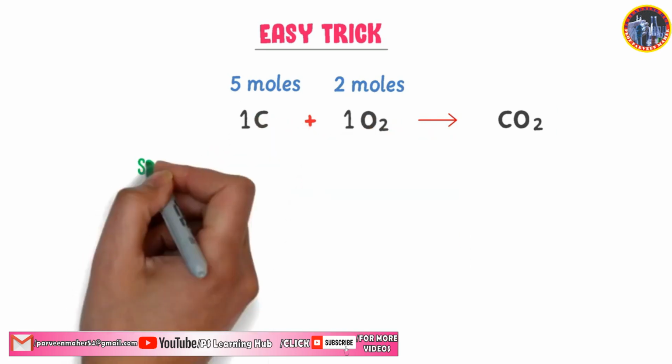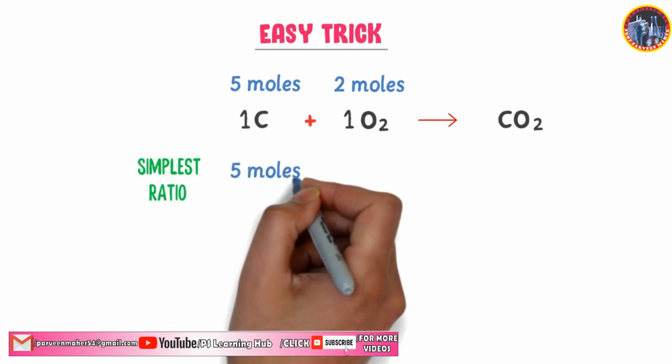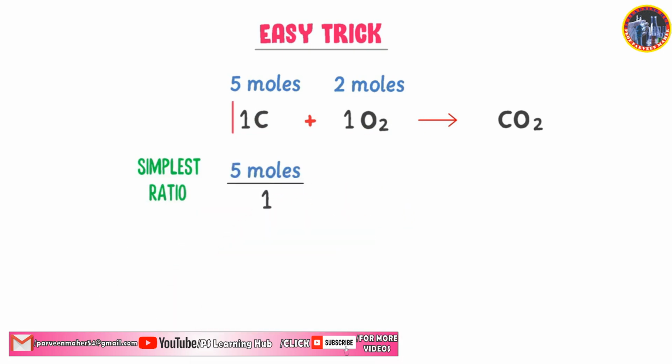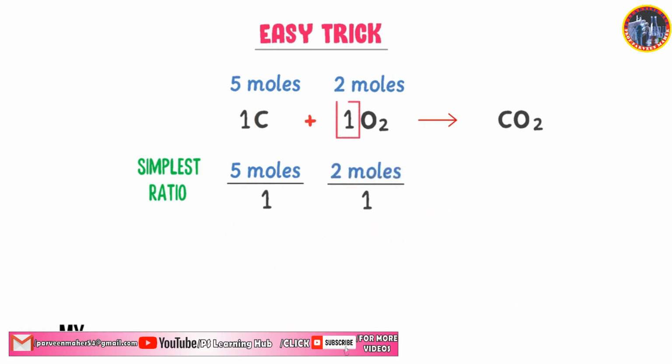Now I will find the simplest molar ratio between carbon and oxygen. For instance, I divide the number of moles of carbon by its coefficient 1. Similarly, I divide the number of moles of oxygen by its coefficient 1. So I get 5 and 2. Here 2 is smaller than 5.